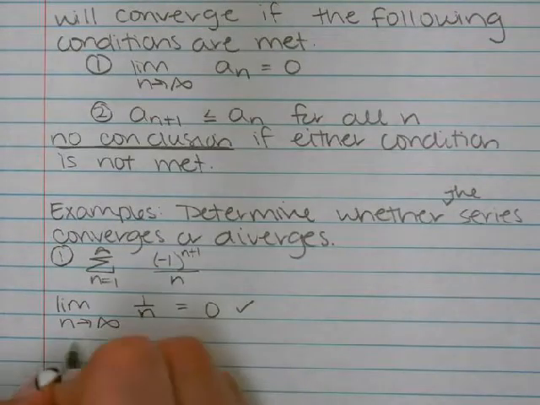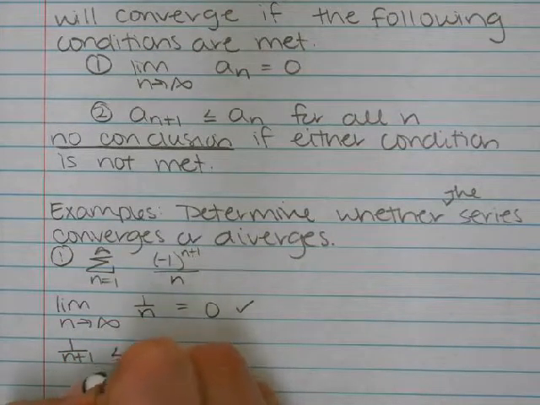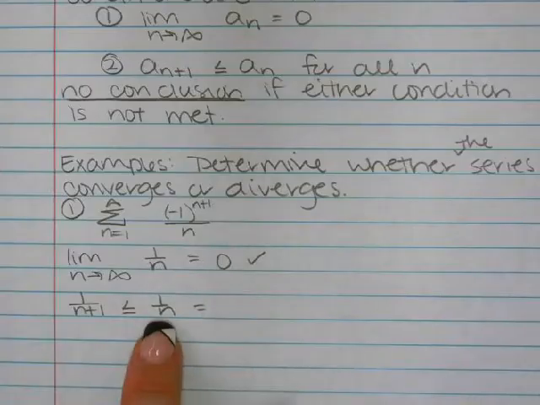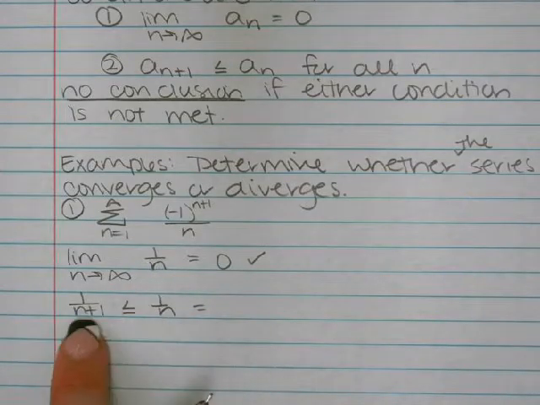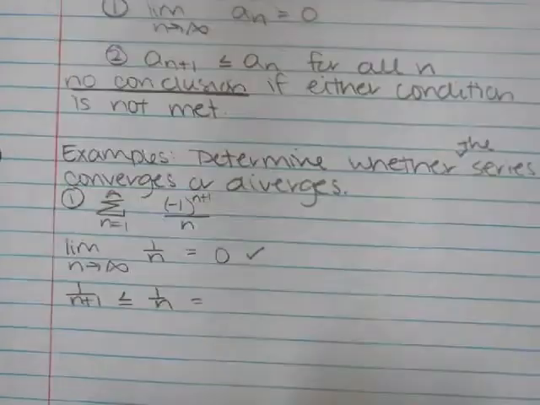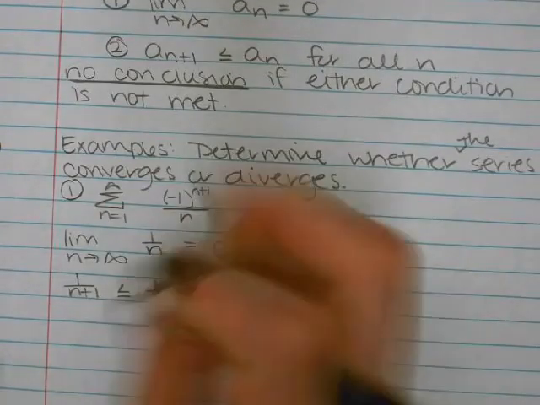The second thing we have to do is think about if I do 1 over n plus 1, is that less than or equal to 1 over n? And that's true if you think about maybe n equals 4, then we would be saying 1/5 is less than 1/4, and that is true. And so, no equal sign here. That's true.